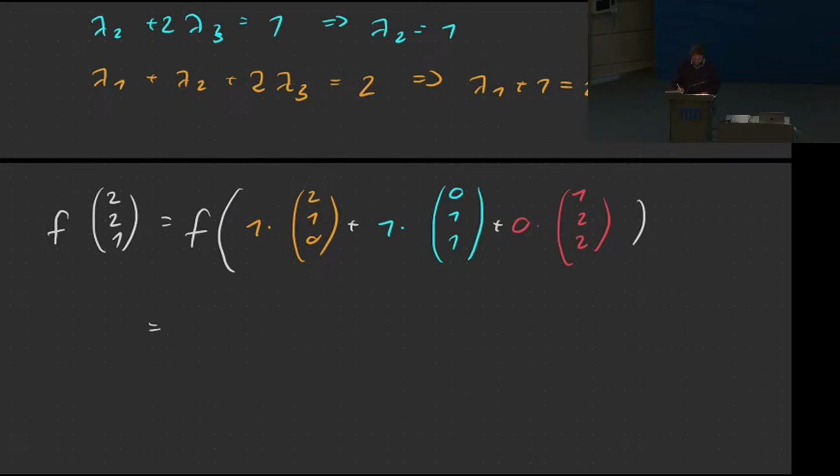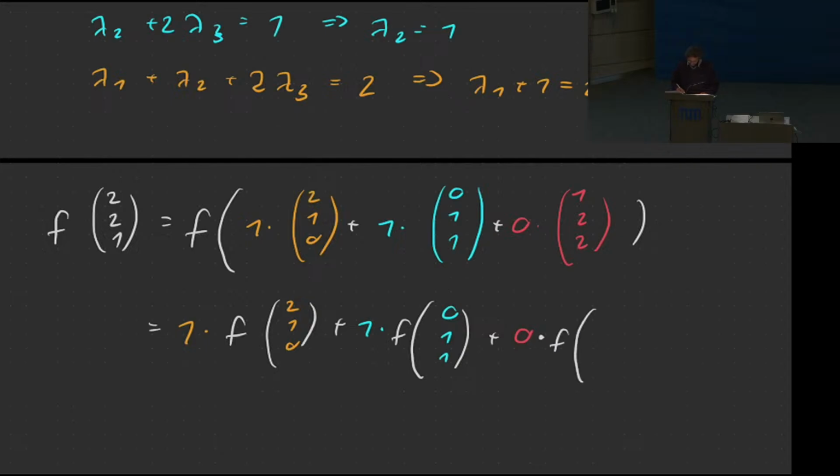What I get is 1 times f of 2, 1, 0, plus 1 times f of 0, 1, 1, plus, and just let me write that for completeness, 0 times f of 1, 2, 2.